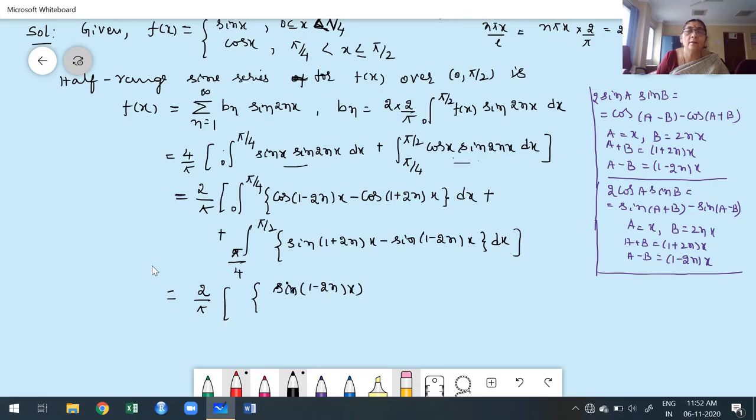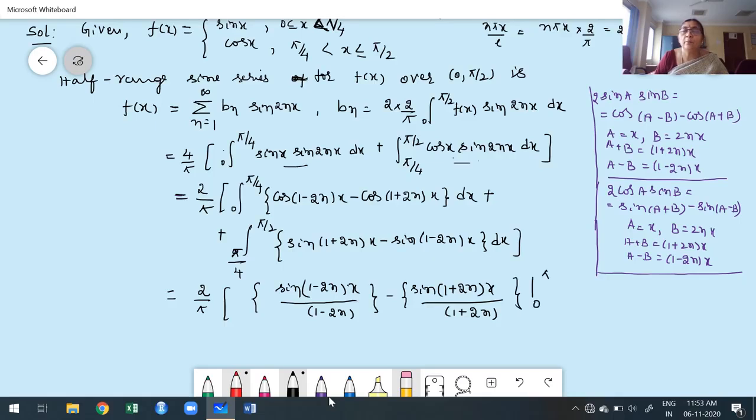Suppose you are confused, better I erase this and write once again: sine of this divided by the coefficient of x, 1 minus 2n, minus, again, the integration of cos is sine of 1 plus 2n into x divided by the coefficient of x, 1 plus 2n. What's the limit? 0 to pi by 4.